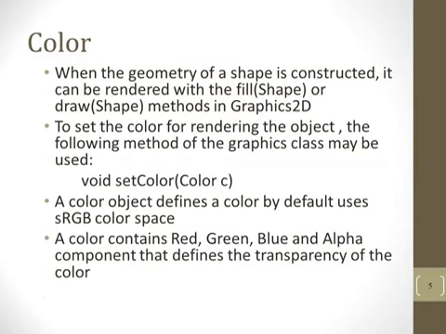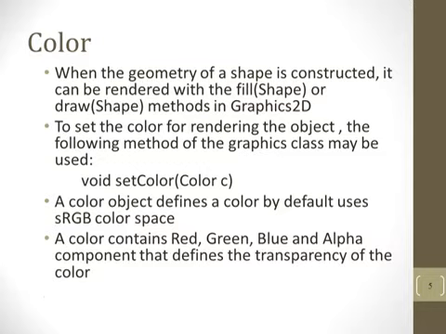And the second version is similar to the first, but the three values are packed into a single int value. And the third version uses float values in the range 0.0 to 1.0 to define the color components.